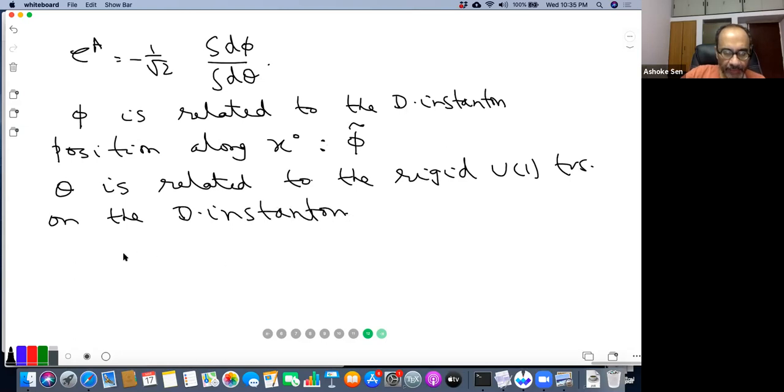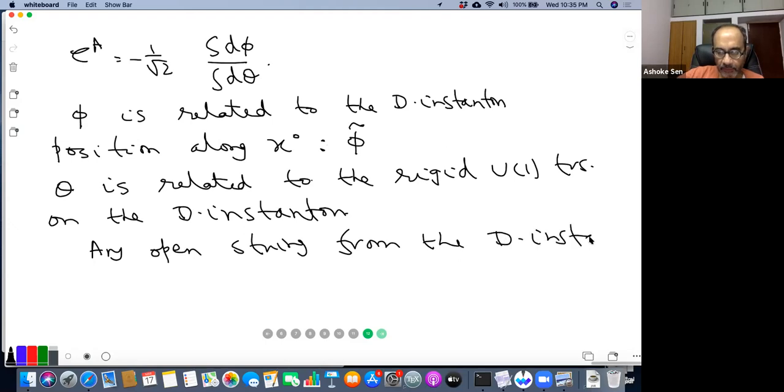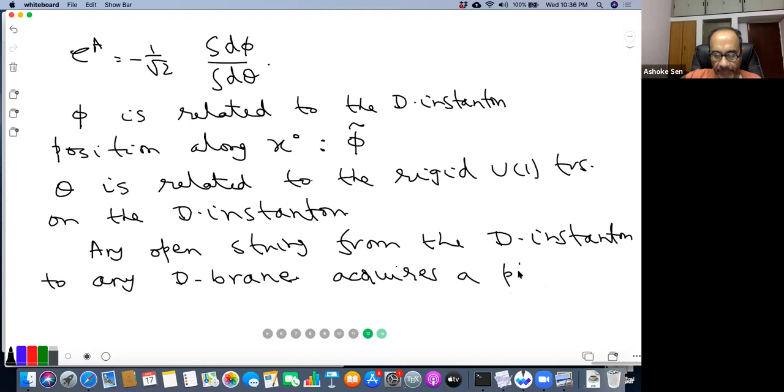So what is the rigid U1? If we take any open string from the D-instanton to another D-brane, it could be a second D-instanton, or some other D-brane, then this acquires a phase e to the I theta tilde under the rigid U1.